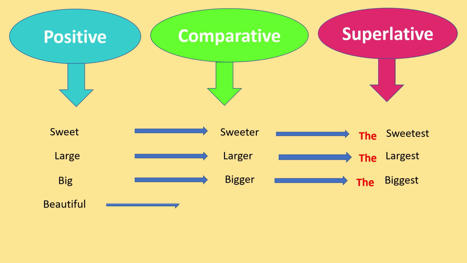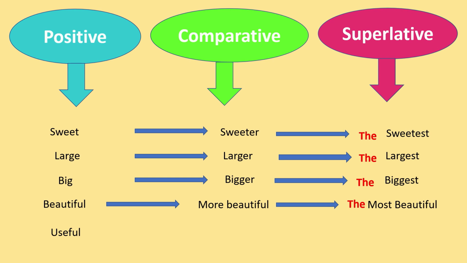It should be beautiful, more beautiful, and the most beautiful. Useful, usefuler, and usefulest. No, it's again wrong. It should be more useful and the most useful. Then why the last two words are not beautifuler and beautifulest and usefuler and usefulest?